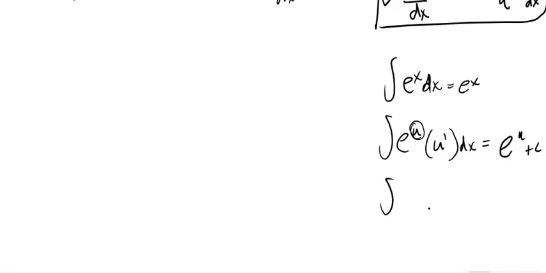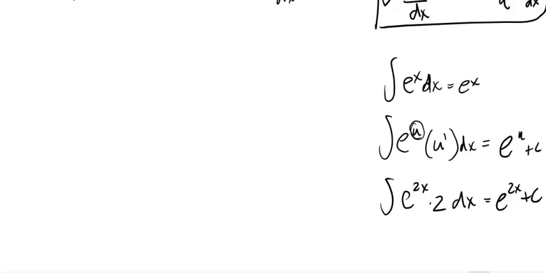For example, e to the 2x times 2 dx, and that 2 would usually be in front, would just be e to the 2x plus c, because I know if I differentiate it, I'll get that 2 back.